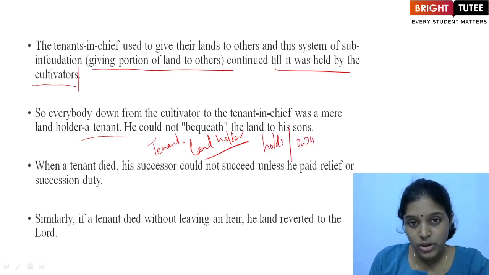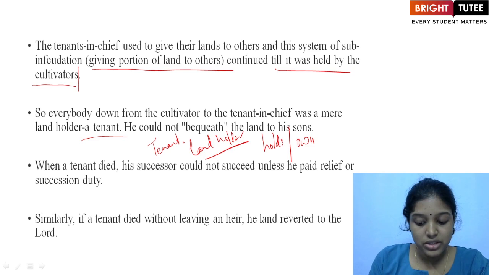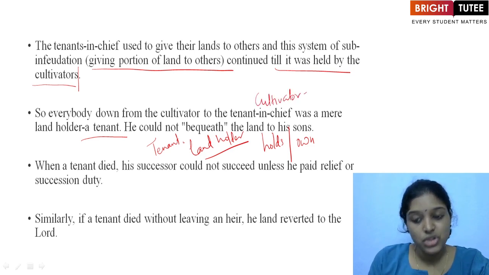He is not the owner, but he is just holding the land which belongs to the king. So everybody from the cultivator to the tenant in chief is a holder of land.